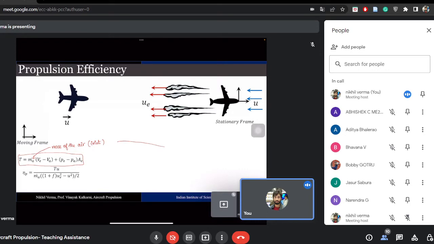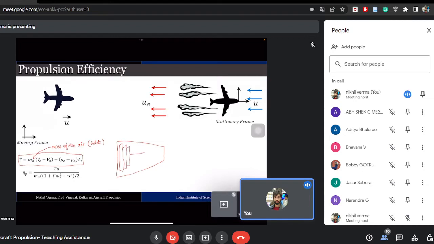So consider you have an aircraft. There is a compressor or a fan, then it is being driven by the turbine, and you have a combustion chamber.